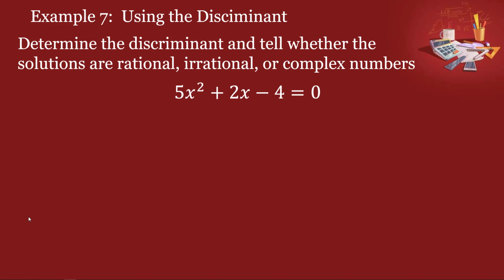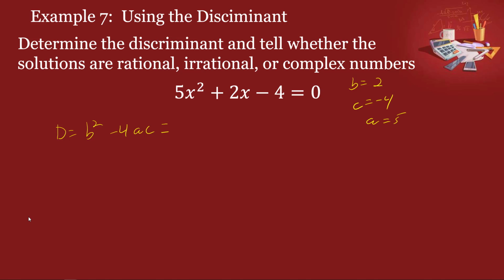Okay, so let's check this out in an example. Here we have the equation 5x squared plus 2x minus 4 is equal to 0. We want to determine the discriminant. Well, the discriminant is going to be, once again, b squared minus 4 times a times c. We have that b is equal to 2, c is equal to negative 4, and a is equal to 5.